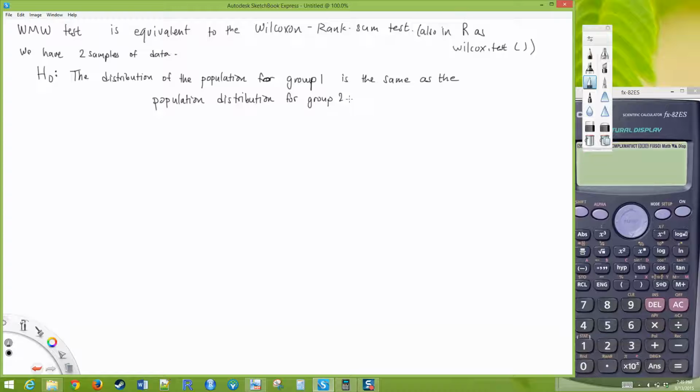All we're saying is that the distributions of the population are the same. We're not saying anything about the mean or anything like that.